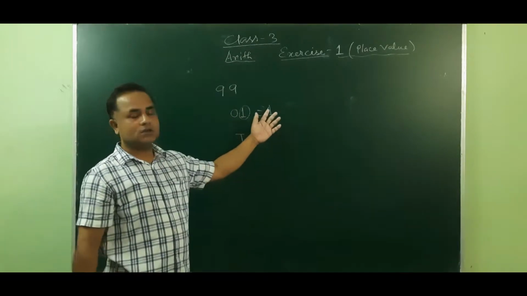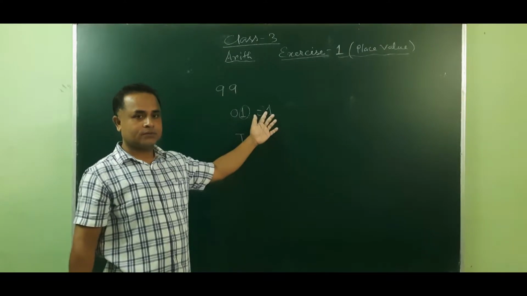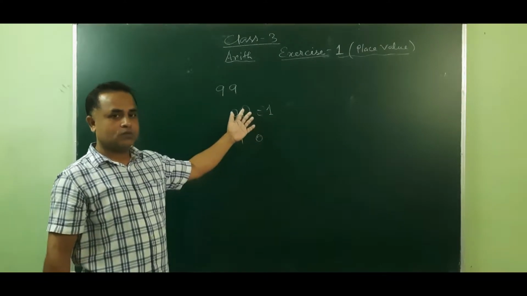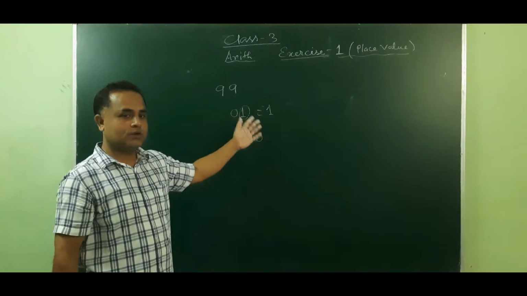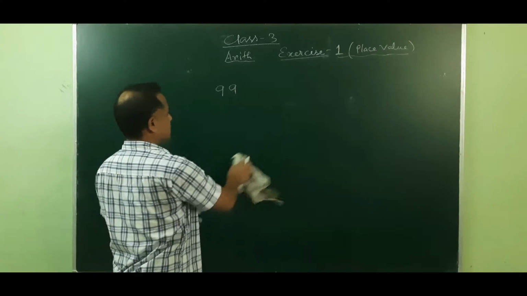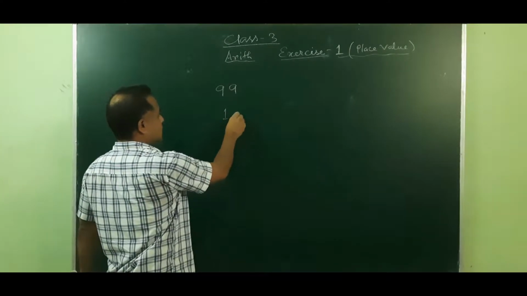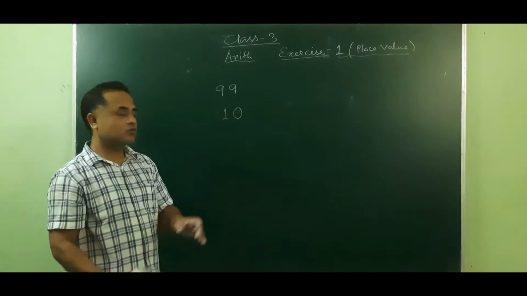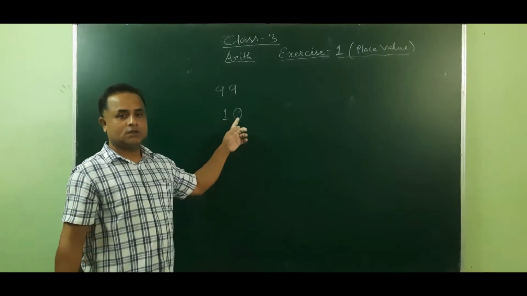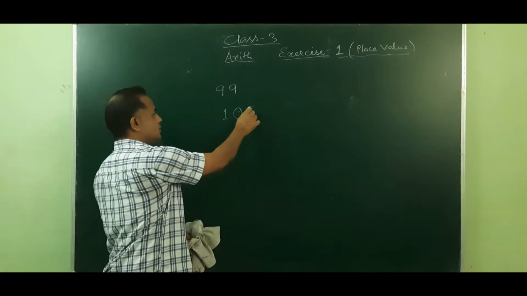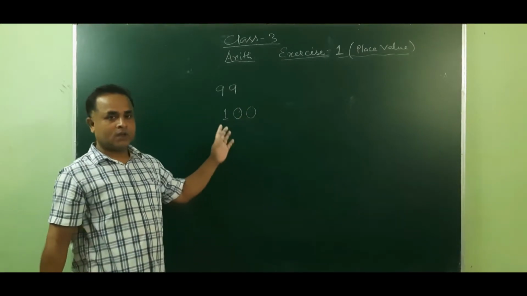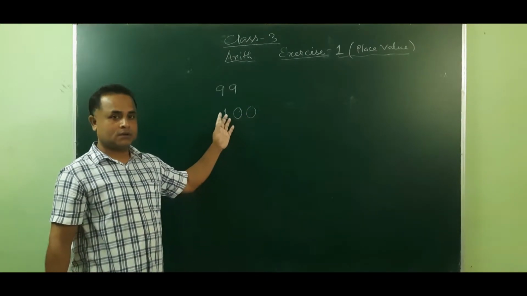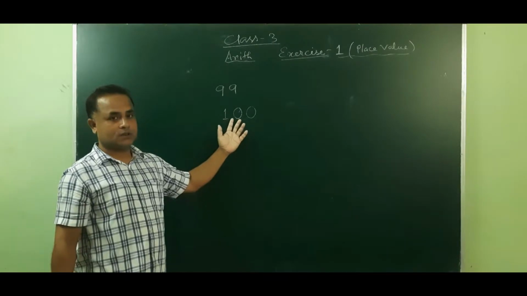So it cannot be the smallest number formed by 2 digits. So what we do is we write the smallest 2 digits as 1, 0. For 3 digits we put another 0. In this way we write, because here place value matters.